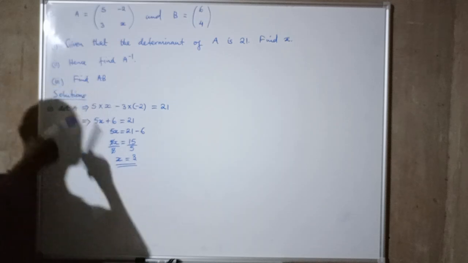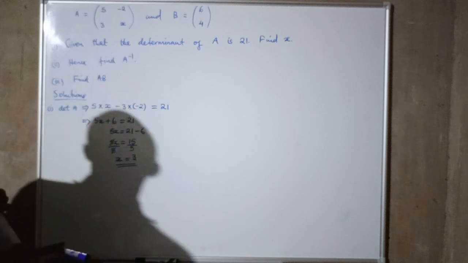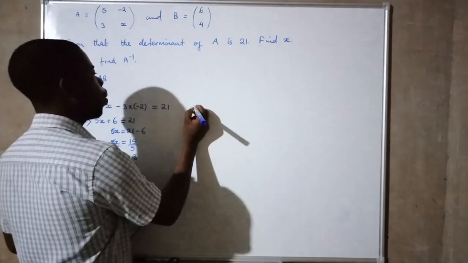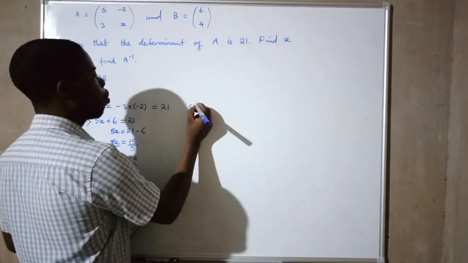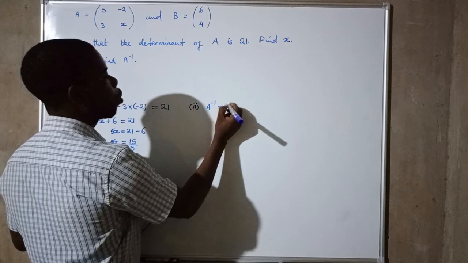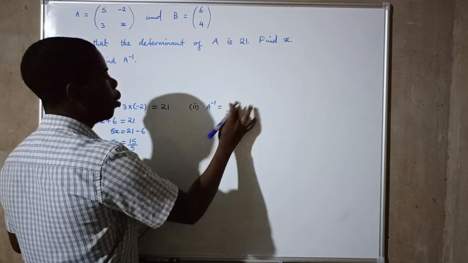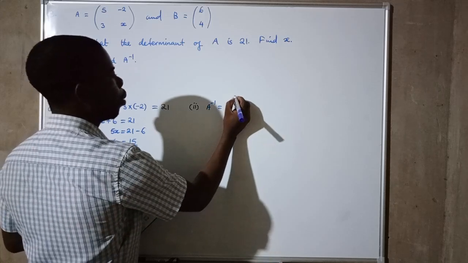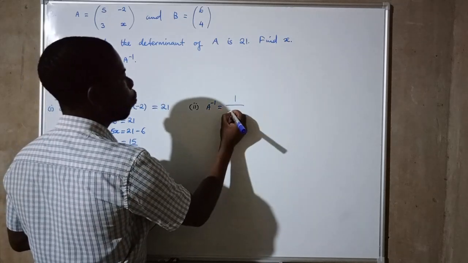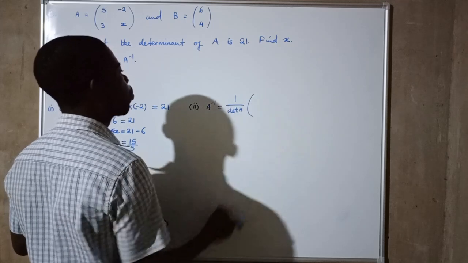Now, number 2, they're saying hence find the inverse. So for us to find the inverse of M, the inverse of M is equal to, oh sorry, not like that, is equal to 1 over determinant of A, then open brackets.